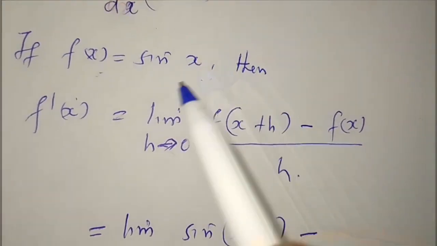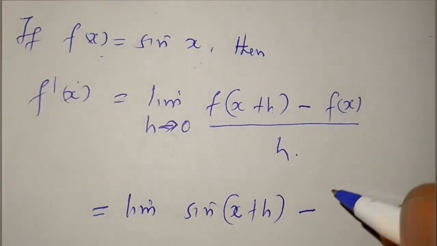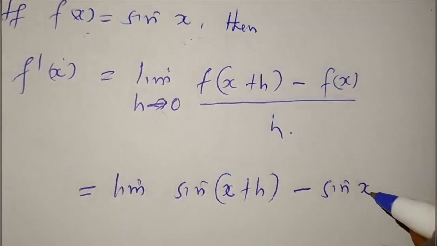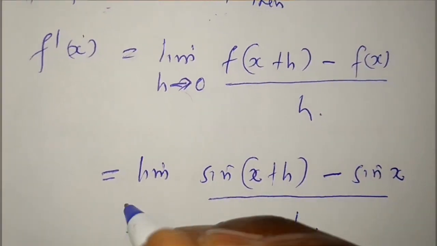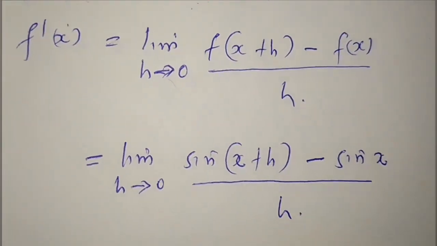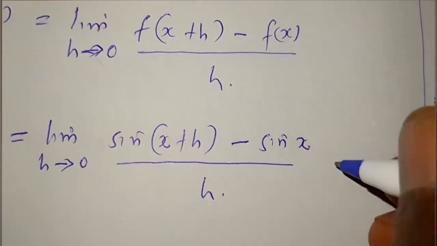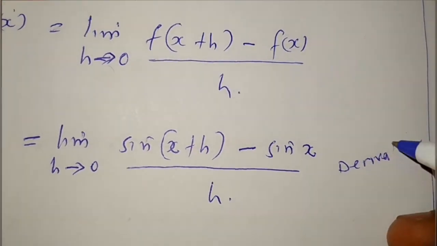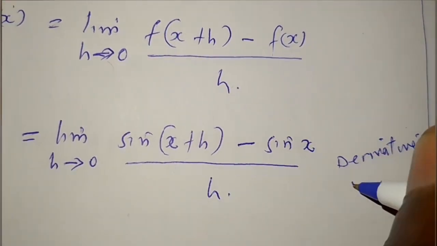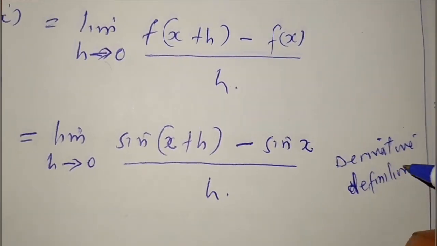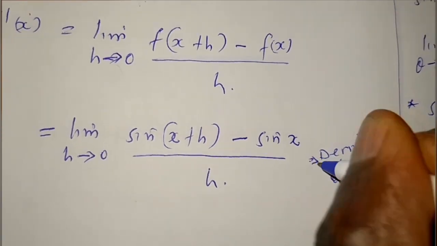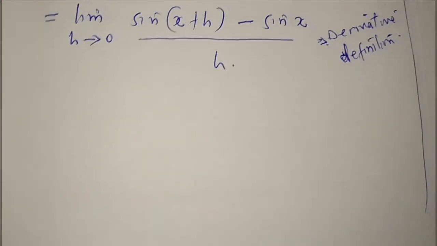What's our f of x? F of x is equal to sine x. So it is minus sine x over h, and then h tends to 0. This is the derivative definition.